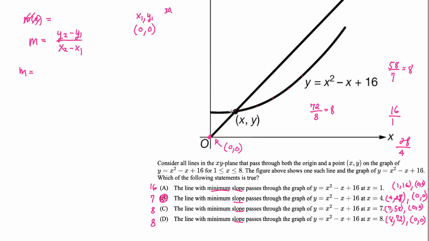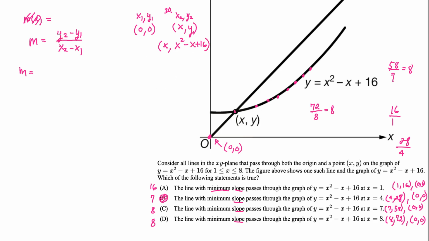Now the other point, let's just call it x comma y, must be a point on this curve. So this is one point, the origin, and my other point, x2 comma y2, is some point on this curve. But I know that the y value for this curve is given to me: y equals x squared minus x plus 16.